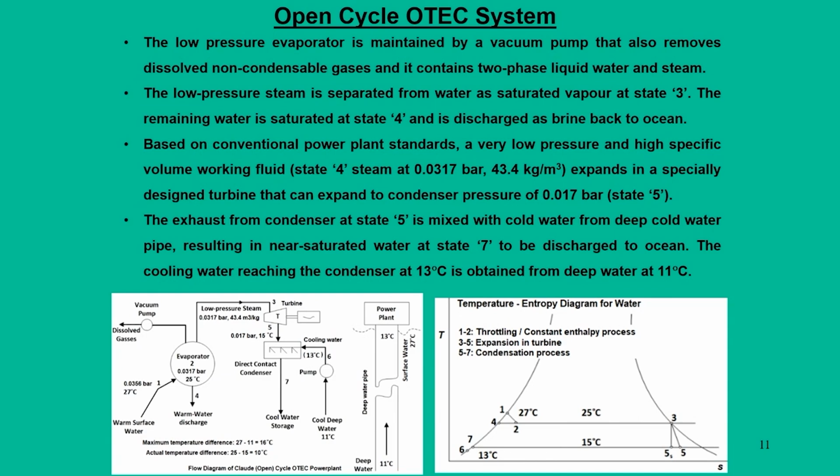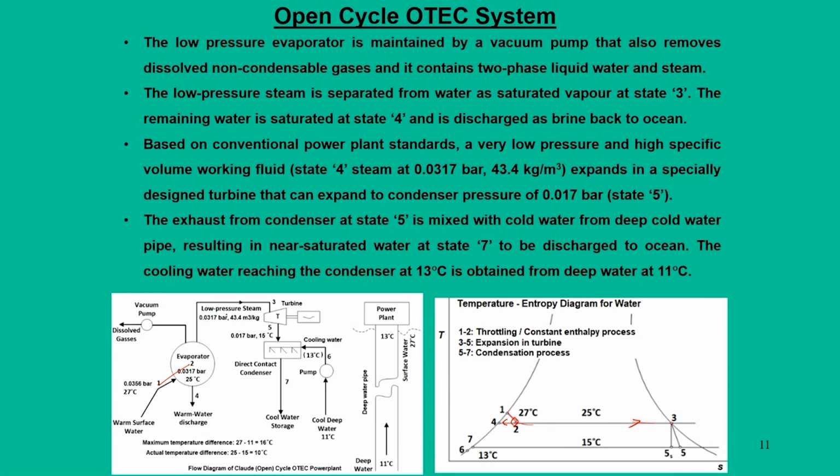Most importantly, from 1 to 2 it is a throttling process, but from 2 to 4, at this point the evaporator sends the vapor part to point 3 and the liquid part to point 4, that means liquid-vapor separation takes place.